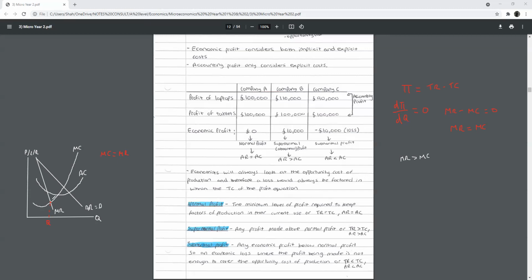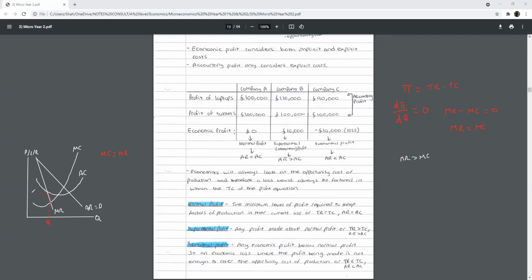Now the next crucial part on this diagram is you need to show the actual profits. But how do you show the profits? To show profits, you need to show how much the firm is making in terms of revenue and how much the firm is making in terms of cost. So total revenue minus total cost. So if I go up the dotted line, I can see that I hit my AC curve first, isn't it? Because AC is below AR.